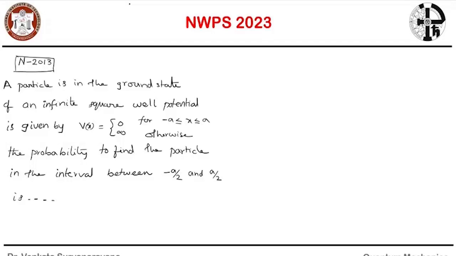So there is a particle in an infinite square well potential, and it is in the ground state. You need to find the probability of finding the particle in the interval between -a/2 and a/2.